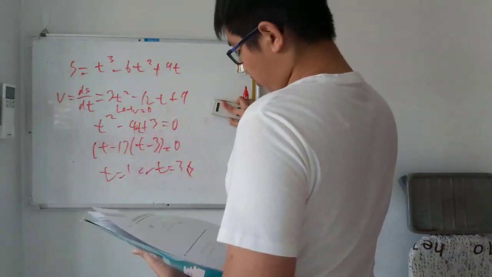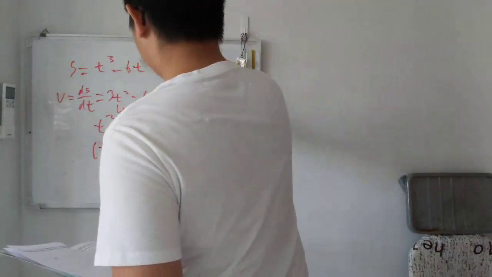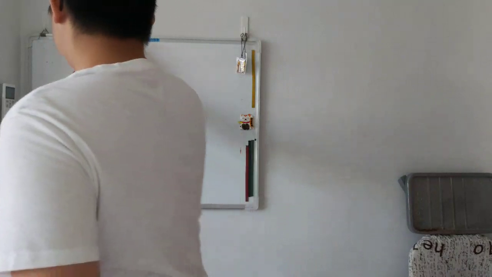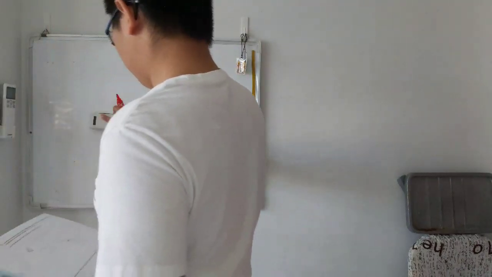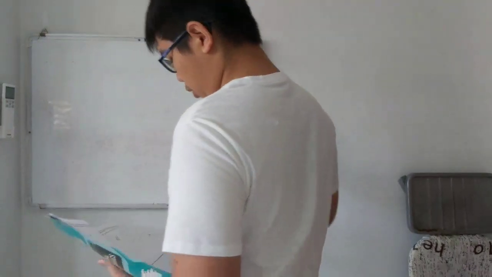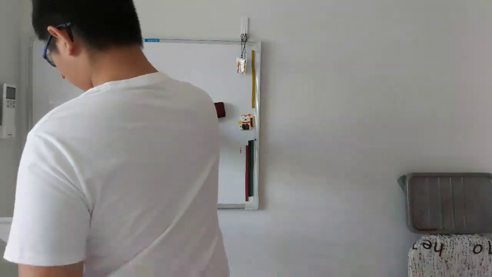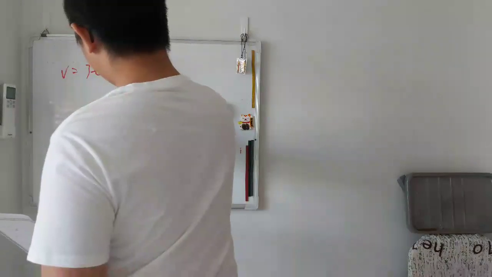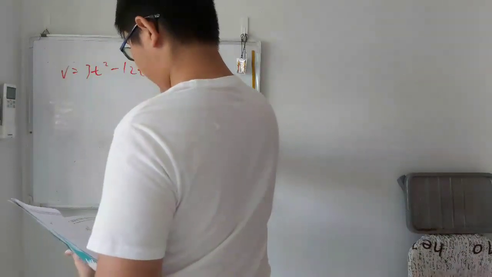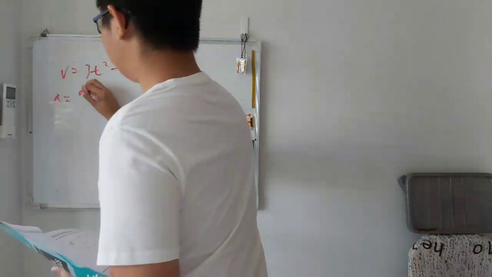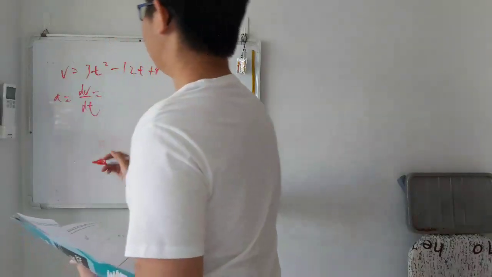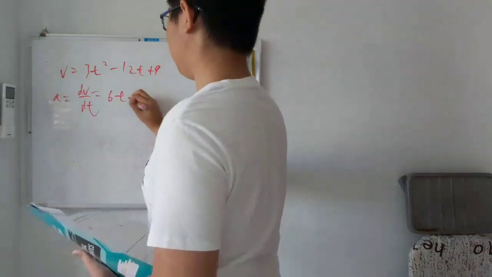Find the acceleration of the dot when it first comes to instantaneous rest. First comes to instantaneous rest means that we will only consider t equals 1. So we will find a. We know that v is equal to 3t squared minus 12t plus 9. So a is equal to dv/dt, and this is just 6t minus 12, right?